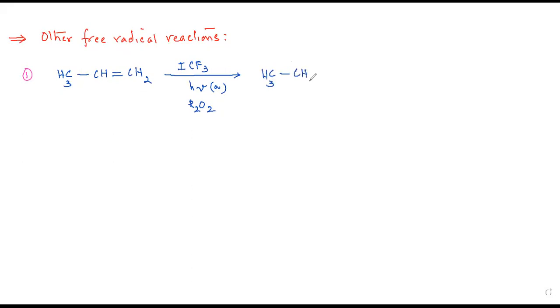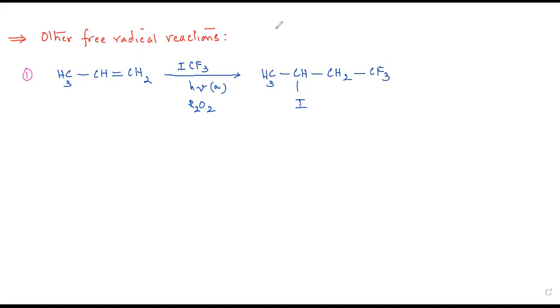We get CH3, CH. Of course, these all go as per anti-Markovnikov addition. CH3, then CH. Yes, we get iodine here, then CH2. To this CH2, of course, CF3 gets added. You can actually remember it this way.